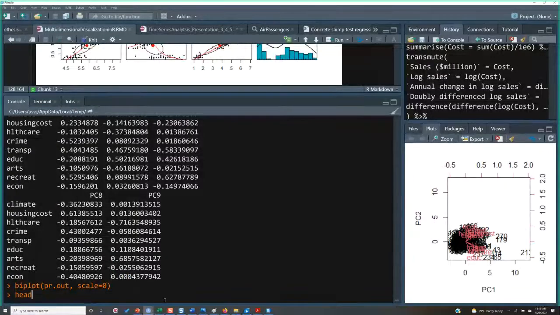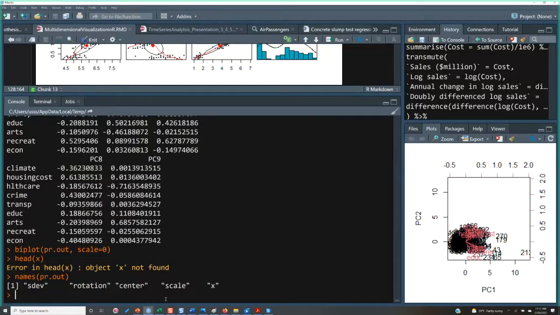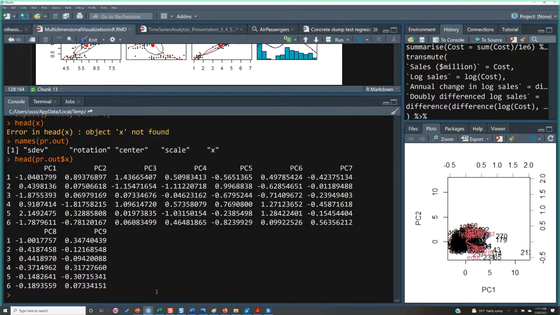So let's see, head of x. Wait a minute, I said names of PR out. So PR.out dollar x. This is 9 principal components we are talking about, right?